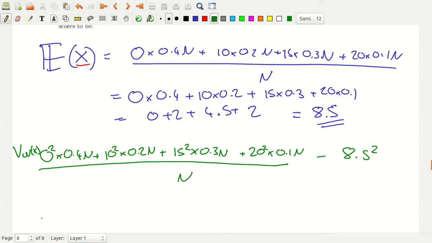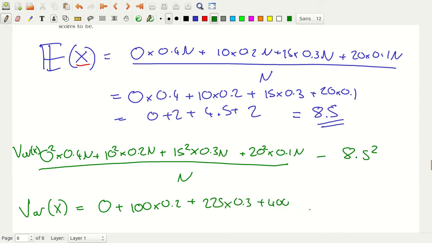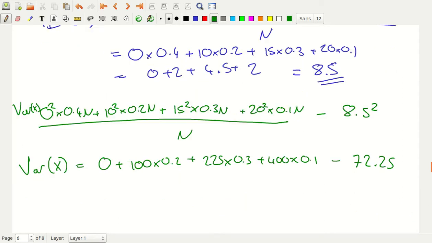The n's will cancel. Var of X equals 0 plus 100 times 0.2 plus 225 times 0.3 plus 400 times 0.1 minus 8.5 squared, which is, I believe, 72.25 as a decimal.